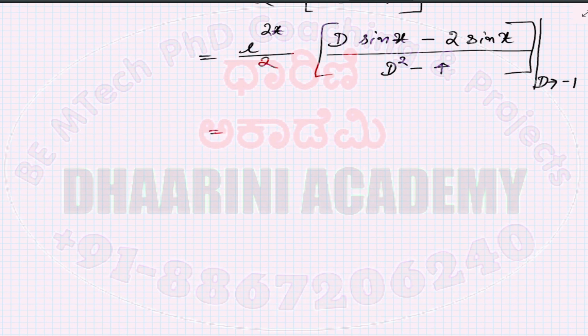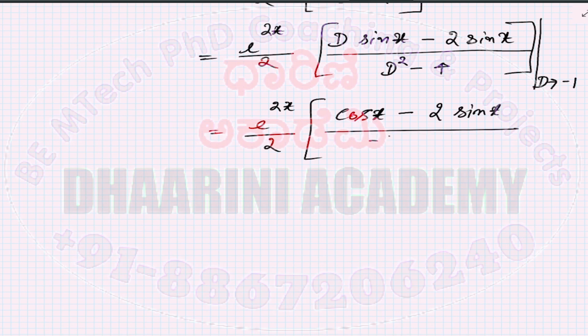So this means e to the 2x by 2 into differentiation of sine x, and capital D into sine x is nothing but differentiation of sine x, which is cos x, minus 2 into sine x, whole divided by d square is minus 1 and there is a minus 4.